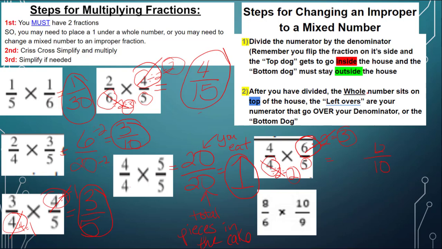So let's go up here to our steps for changing an improper to a mixed number. We're going to divide the numerator by the denominator. Remember, you flip the fraction on its side, and the top dog goes inside the house, and the bottom dog has to stay outside the house. So that's what this looks like. 12 is your top dog. He gets to go in the house. 10 is your bottom dog. He has to stay outside the house.